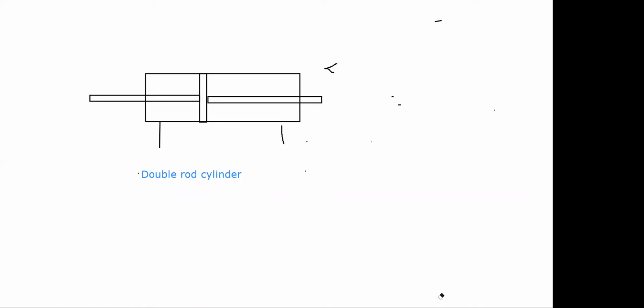Now we are going to see hydraulic motor symbols. Where you see a hydraulic motor, I already told you while drawing this hydraulic circuit that this hydraulic motor is connected to the pump.